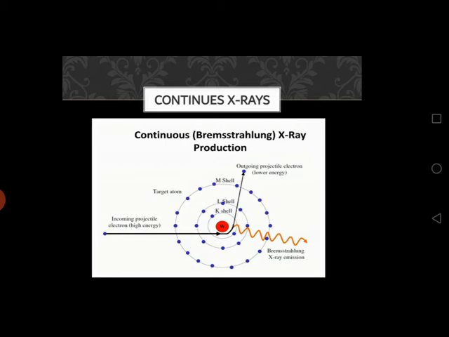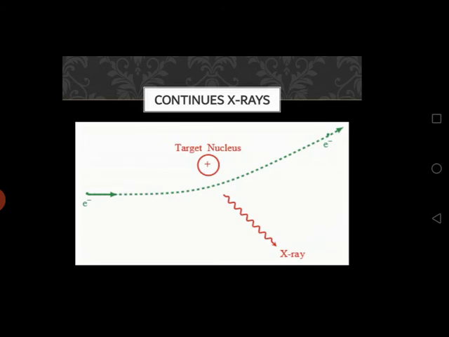So this radiation is called continuous X-rays, which are called Bremsstrahlung. It could be called braking radiation. You can see in the other image, a better image that shows the electron coming, passing near the target nucleus and losing its energy, and as a result X-rays are produced.